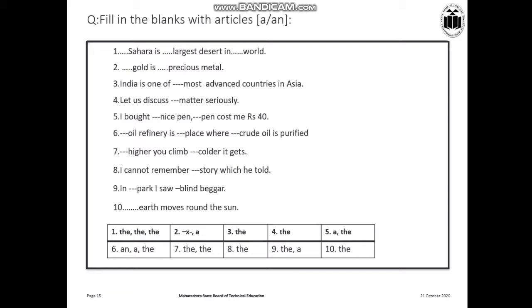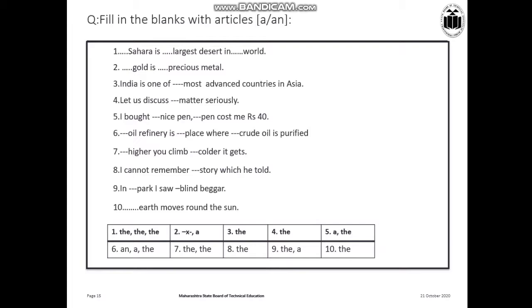And the sixth question is: an oil refinery is a place where the crude oil is purified. O means vowel sound. An oil refinery is a place, and where the crude oil, particularly that oil, the crude oil is purified.